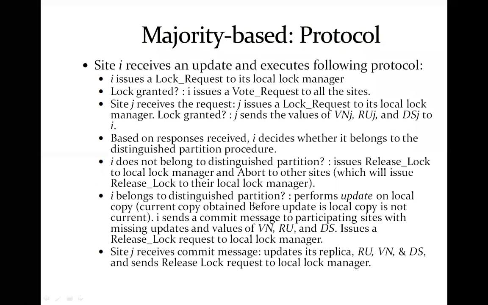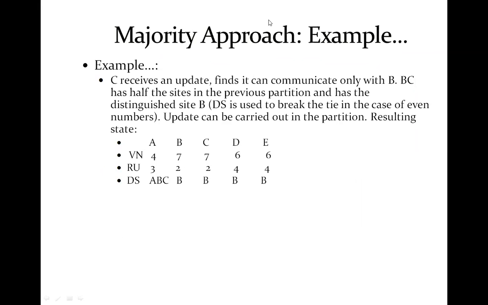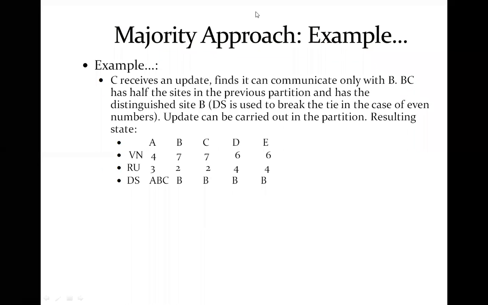So if we have selected the value of B, it is going to participate in the update. Whenever it participates in the update, the version number will be increased and the updated replicas will be 2, because only 2 sites are being updated. In this way, this majority approach voting protocol, the dynamic voting protocol, works.